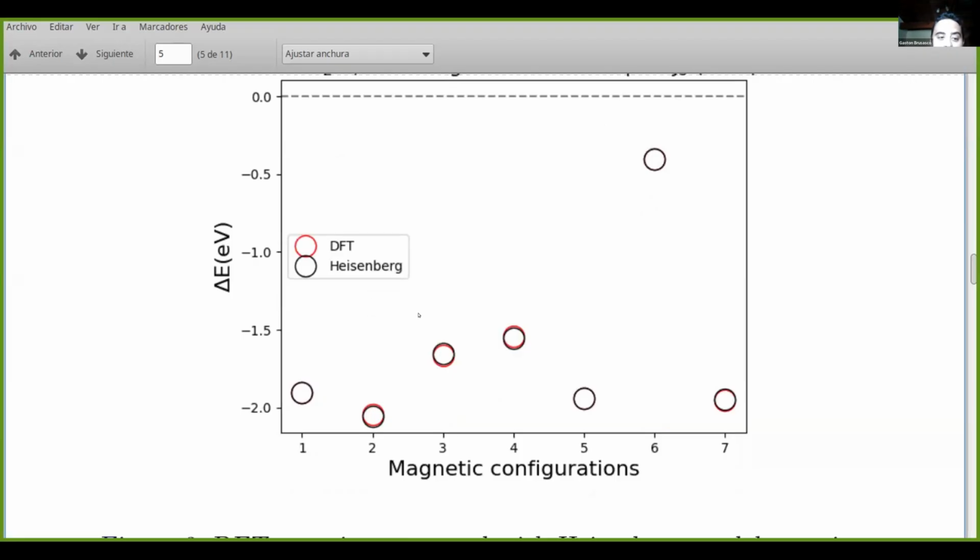With this coincidence, considering interaction up to third neighbor is enough to describe the magnetic behavior of this compound. This trend is observed for all compounds in the study.